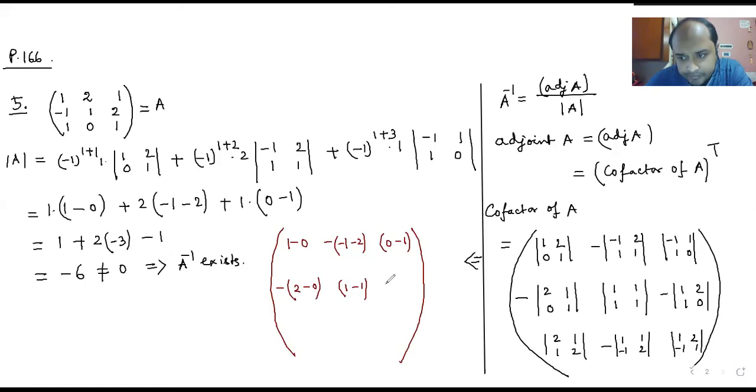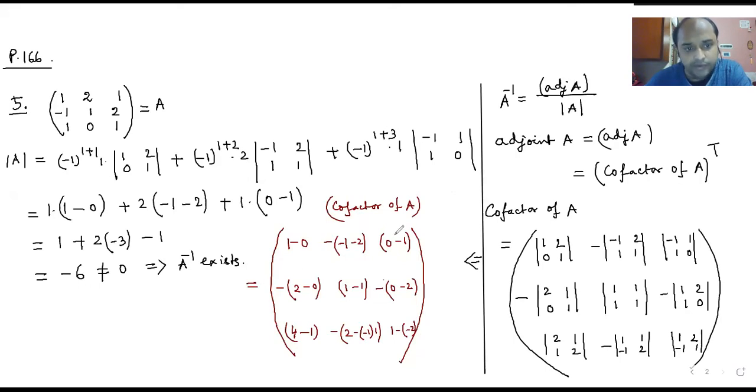Then minus of 0, -2. The last row gives you 4, -1, then minus of 2 minus -1 into 1, and the last element would be 1 minus -2. If I'm not wrong, that is the cofactor of A.